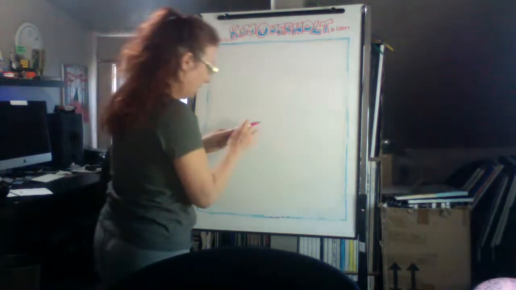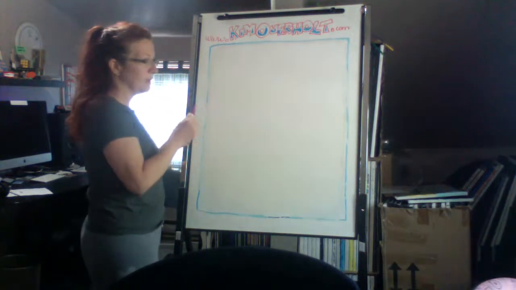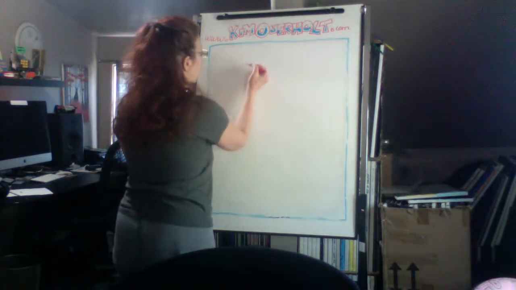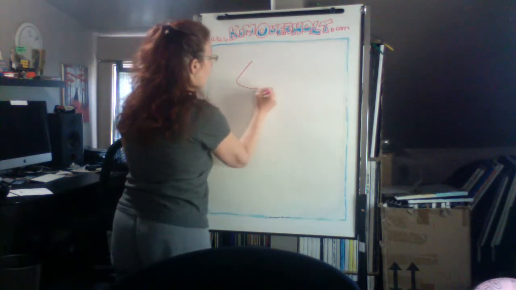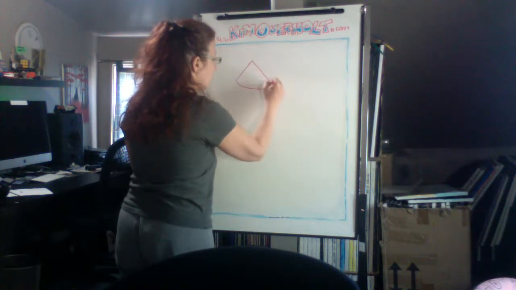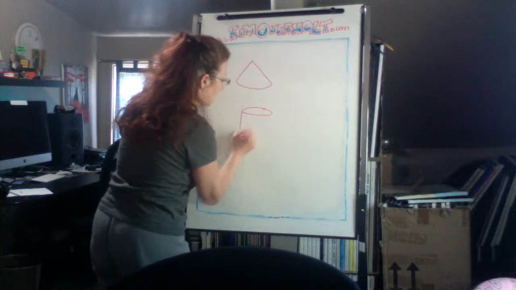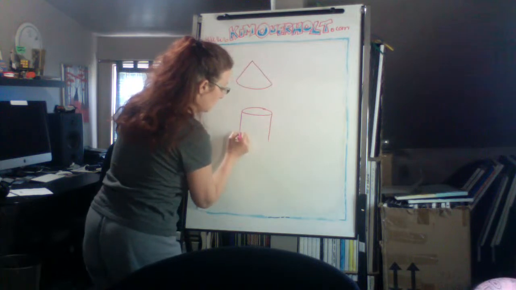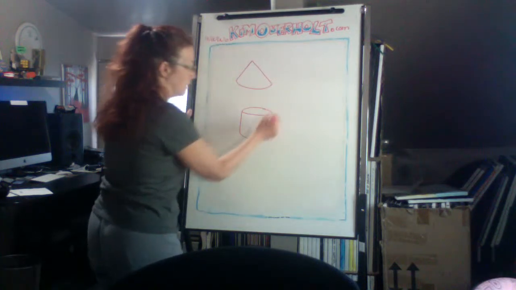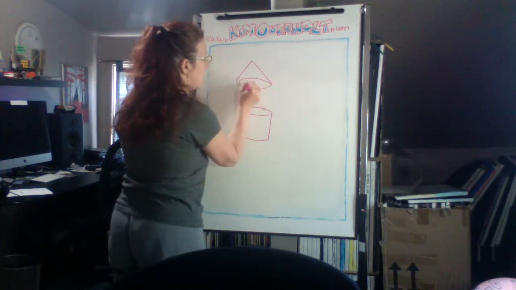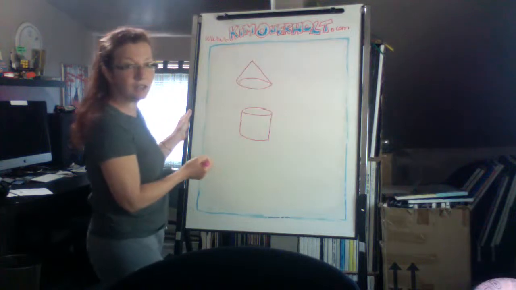Okay, so this morning I'm going to show you how, because sometimes I get ahead of myself. So there's cone shapes. Of course, I told you about the cone shapes one time. I should tell you about the cylinder shapes because that's like a circle with a square kind of attached. And this is like a circle and a triangle attached kind of thing, if you think about it.